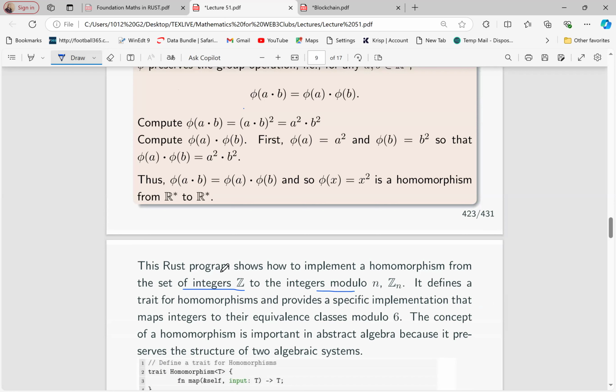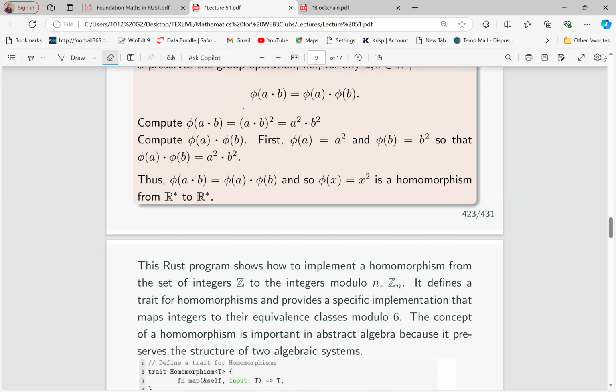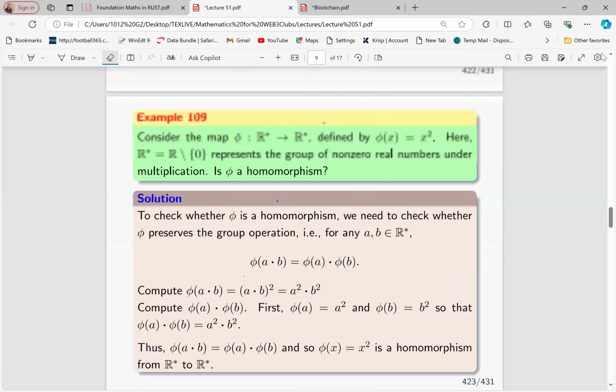What this Rust program will be doing is just proving that what you've been given is a homomorphism. It will just be doing what we've been doing above. This Rust program can do these questions.